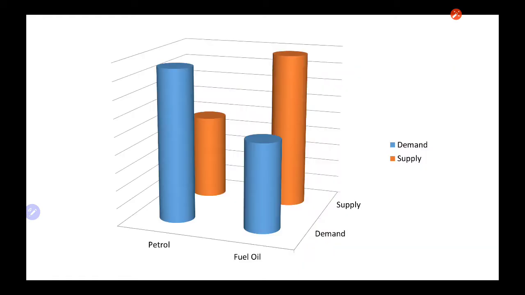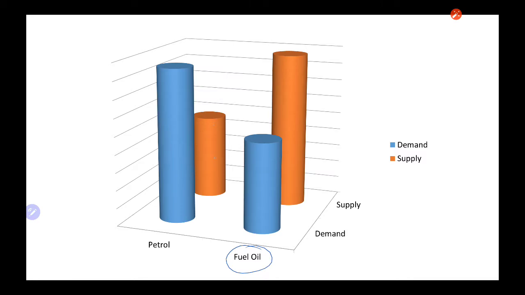Let's have a wee look at this graph to show you where we're going with this. It's a bar graph showing the supply and demand of fuel oil and petrol. The orange column is the supply, showing that we've got quite a lot of fuel oil but not as much petrol.